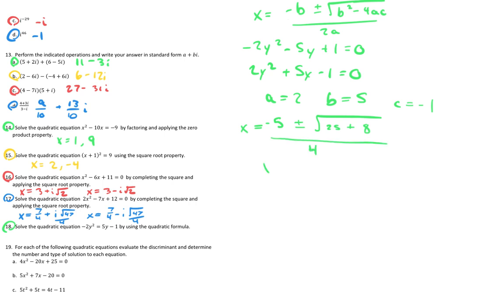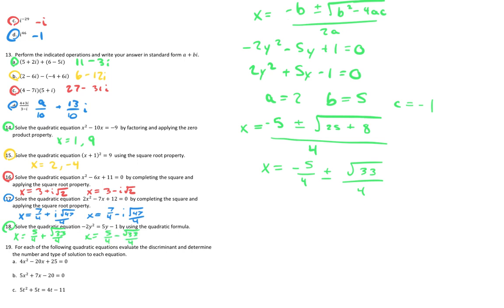So x will equal negative 5/4 plus or minus the square root of 33 over 4. And there's not really any way to simplify square root of 33, so we can leave our answer as this. So x will equal negative 5/4 plus square root 33 over 4, and x will equal negative 5/4 minus square root 33 over 4.